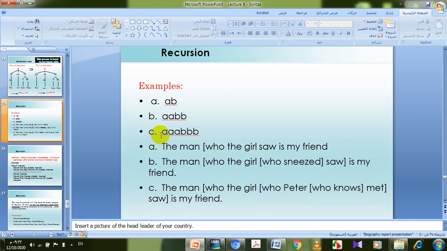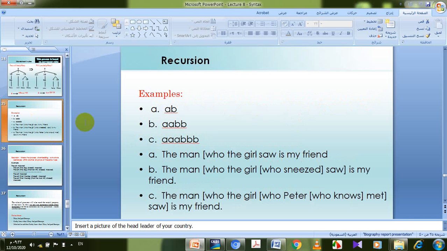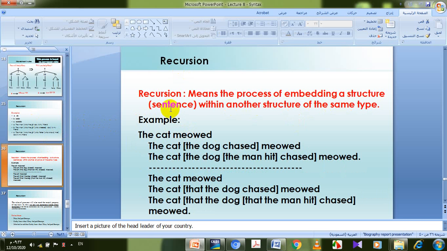So recursion means the process of embedding a structure or a sentence within another structure of the same type, and that's why it is A, B, A, B, B, A, B, B, B. So recursion is the possibility or the process of embedding, inserting a structure or a sentence within another structure of the same type.